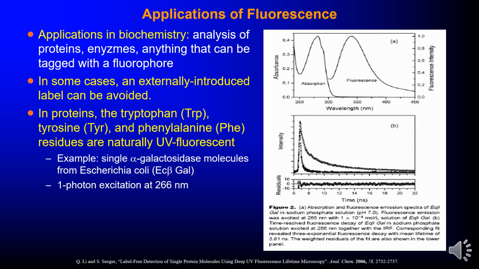In proteins, the tryptophan, tyrosine, and phenylalanine residues are naturally UV fluorescent. For example, single alpha galactosidase molecules from Escherichia coli.